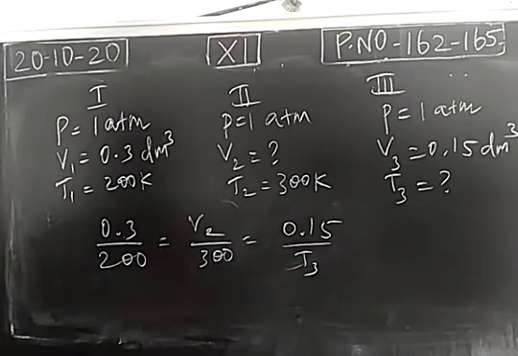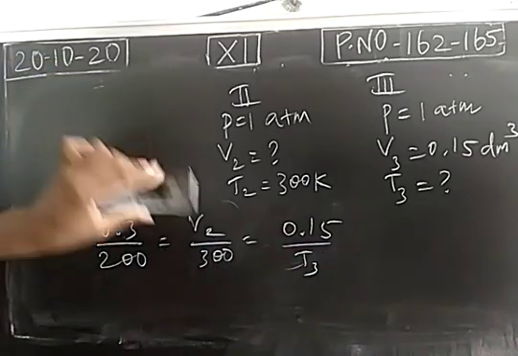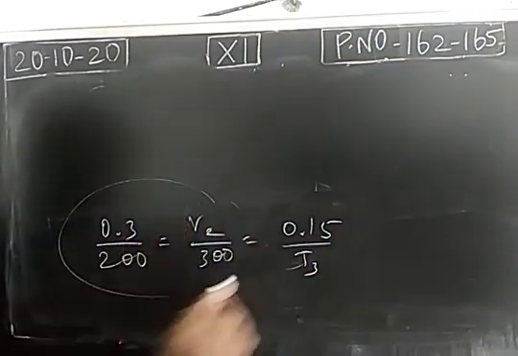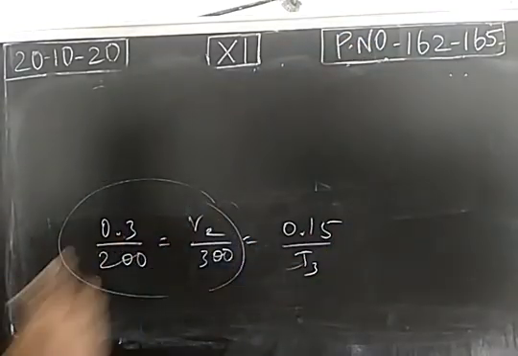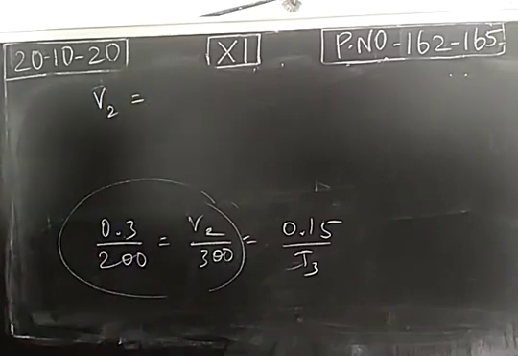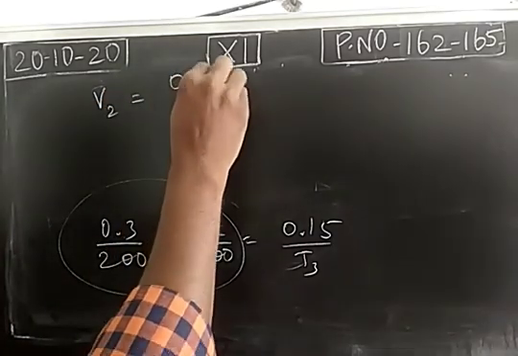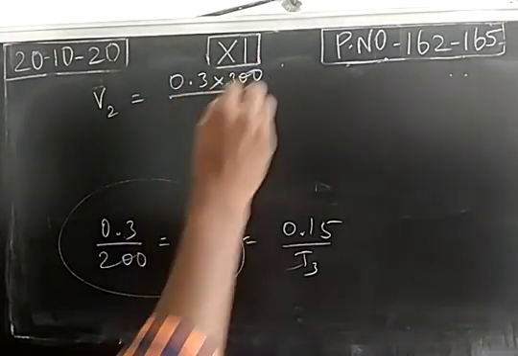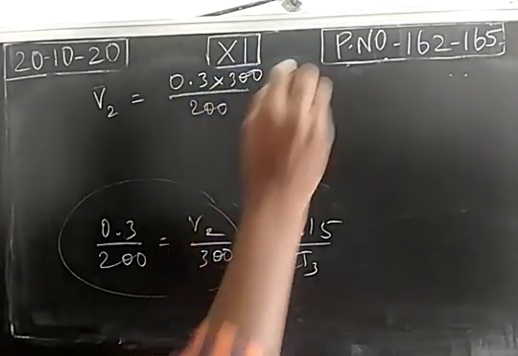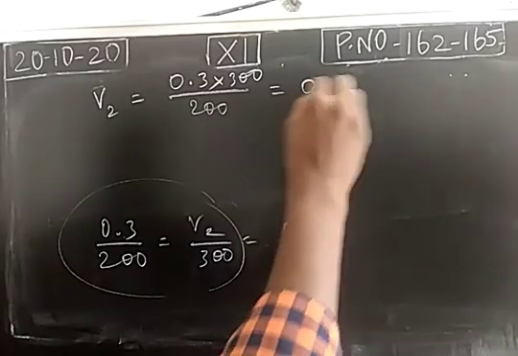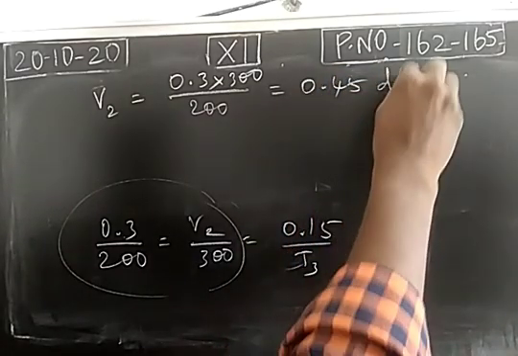Rearranging, V2 is equal to 0.3 multiplied by 300 divided by 200. The volume of gas in the second container will be 0.45 decimeter cube.